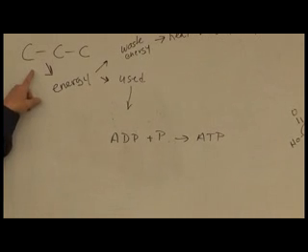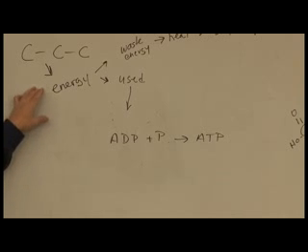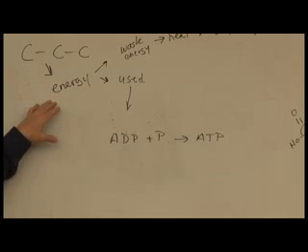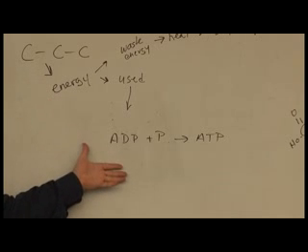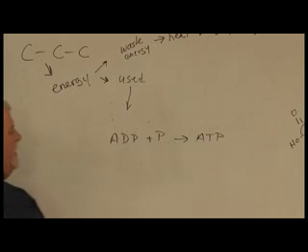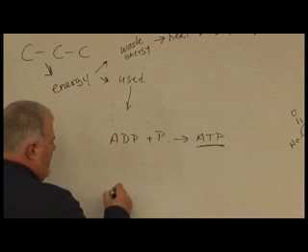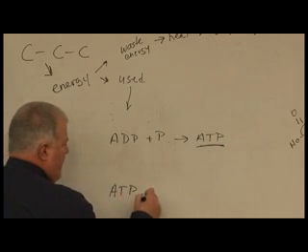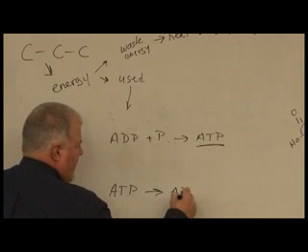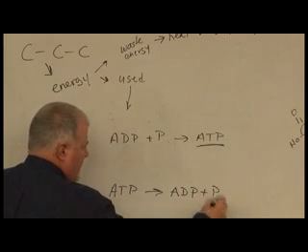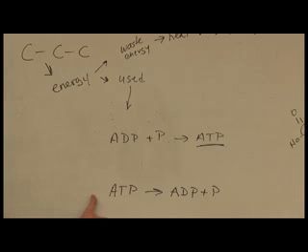If we're breaking carbon-carbon bonds, is that catabolic or anabolic? Catabolic. So we're using a catabolic reaction to release energy to drive an anabolic process. Okay? Then we use this as our energy currency, so that if we need energy, we can convert it back to ADP plus phosphate. So this is a catabolic reaction.